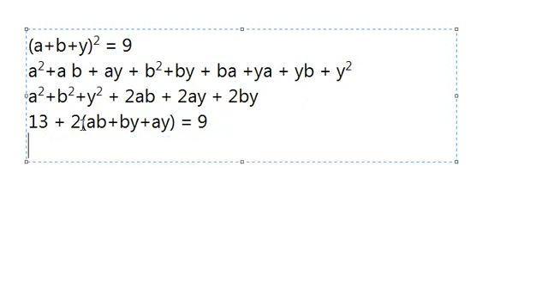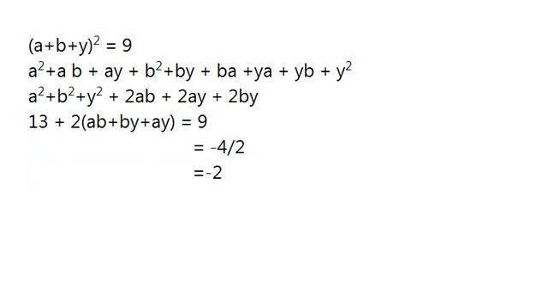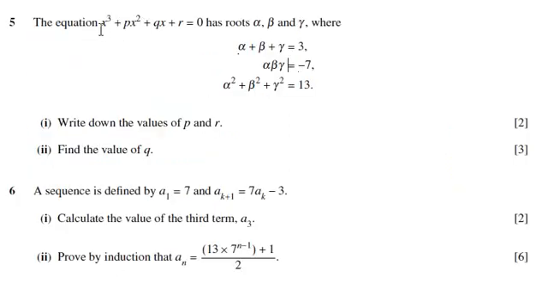And now we rearrange this so that this big term is actually equal to 9 minus 13, which is minus 4, divided by 2, so it's minus 4 divided by 2, which is negative 2. So this term is negative 2, and let us look back onto this equation.